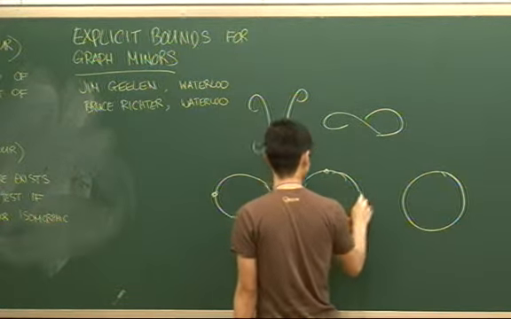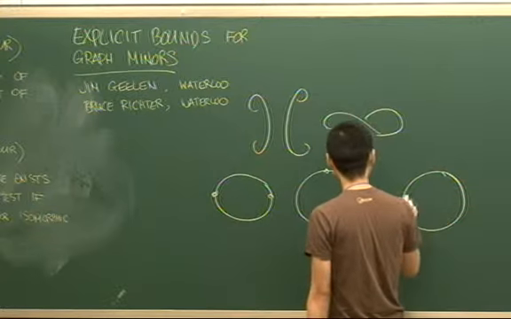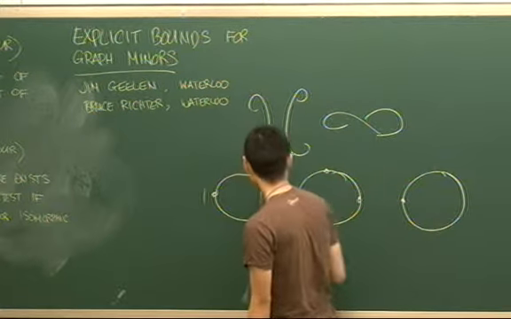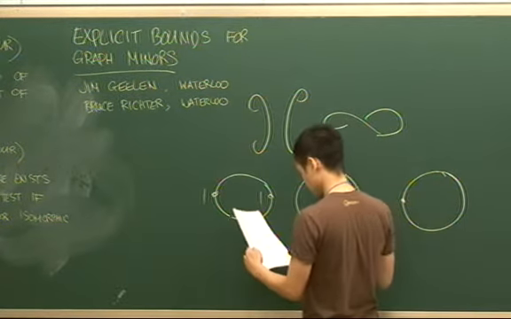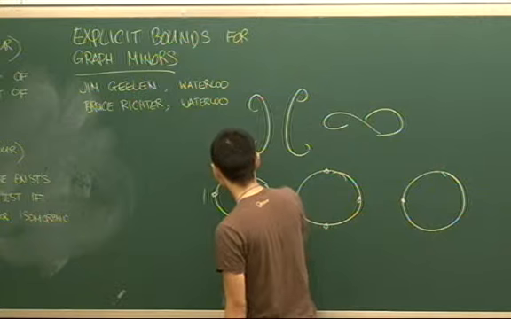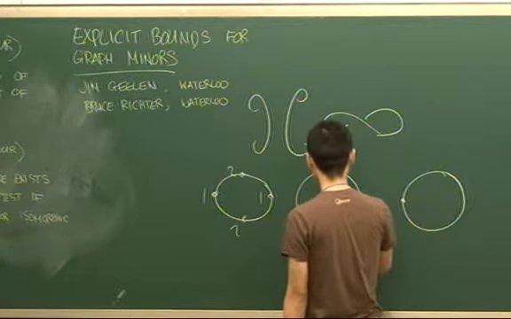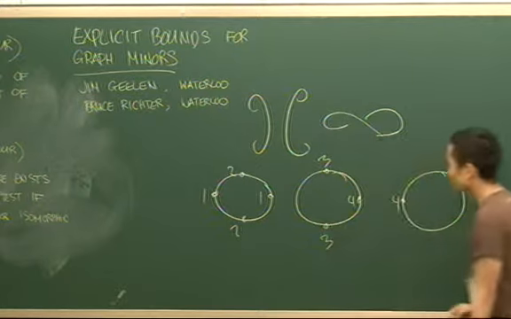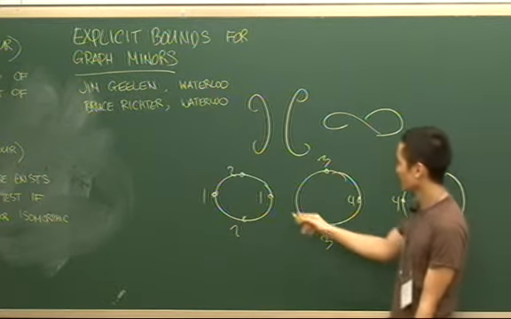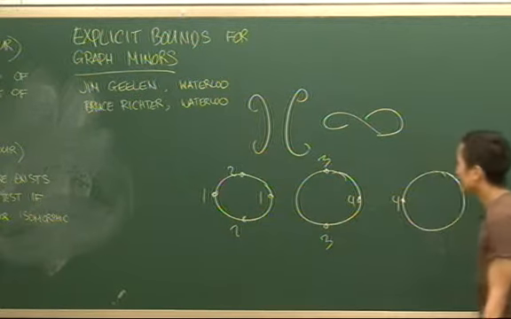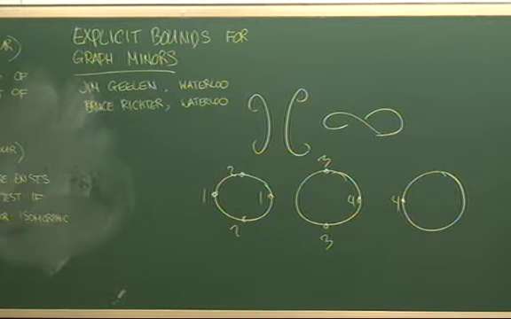And the pattern specifies how I want to connect up these points. So this means that I want to connect the vertices labeled 1 together with the vertices labeled 2 together. And I want to do these with paths, disjoint paths on the surface. Right?